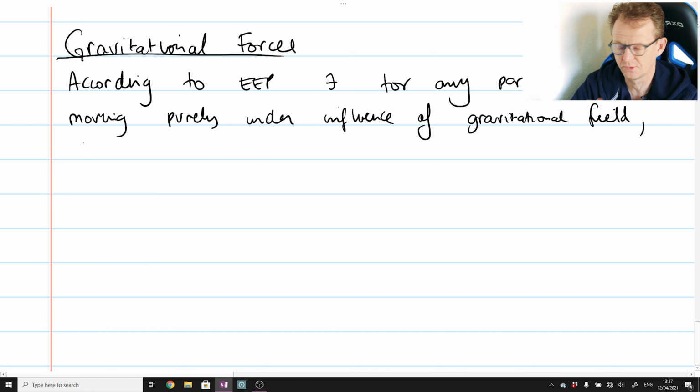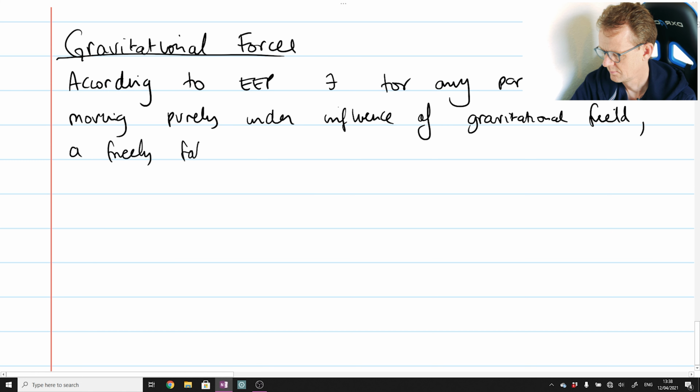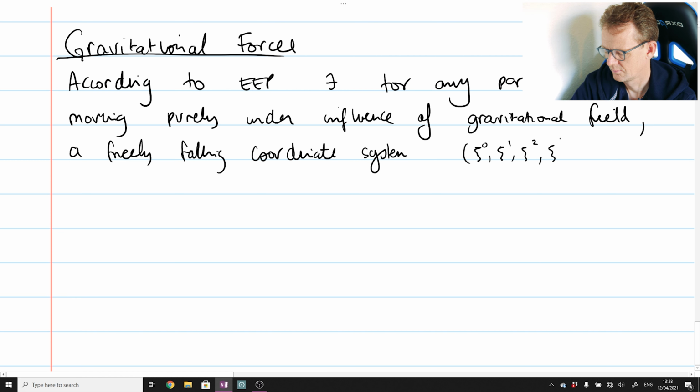You can detect it by tidal forces, but it's a little bit different. So there exists a freely falling coordinate system, and I'm going to write psi 0 through 3 to describe the coordinates in the system, such that there's no force acting on this particle.